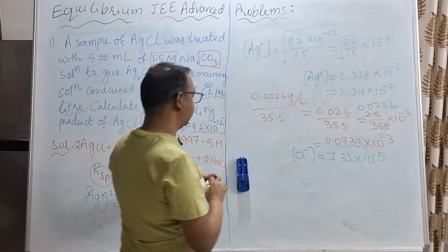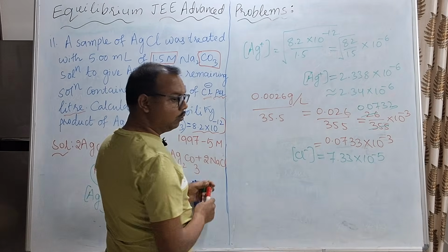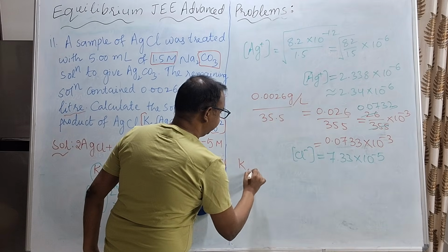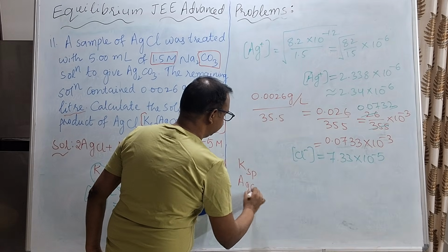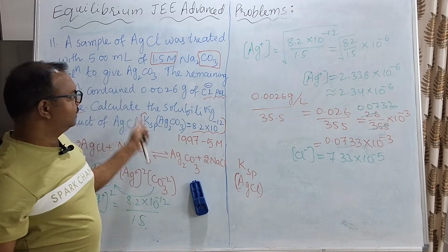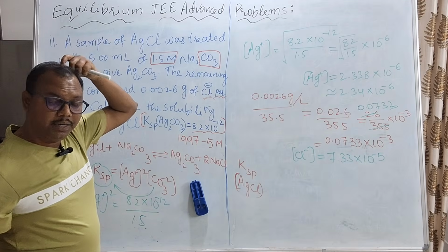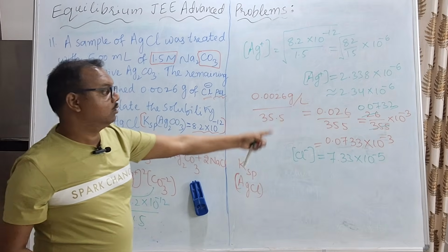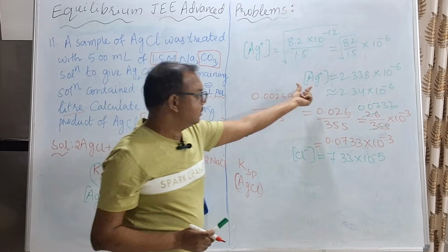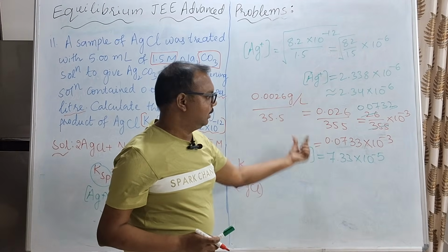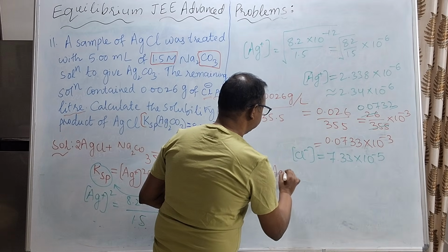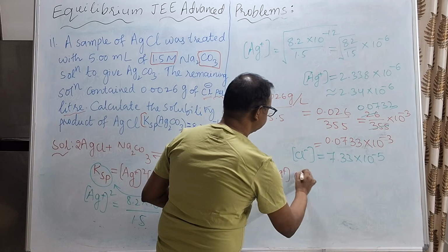Ksp of AgCl is equal to the solubility product of the remaining solution after completion of the reaction, the combination of the concentration of Ag plus and the concentration of Cl minus.